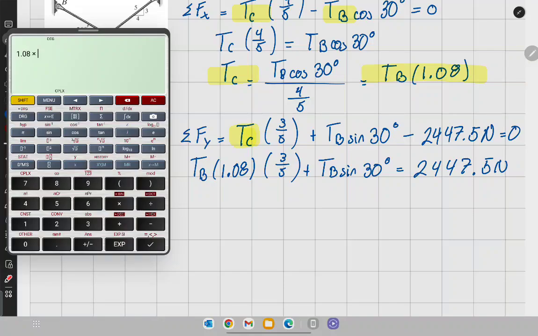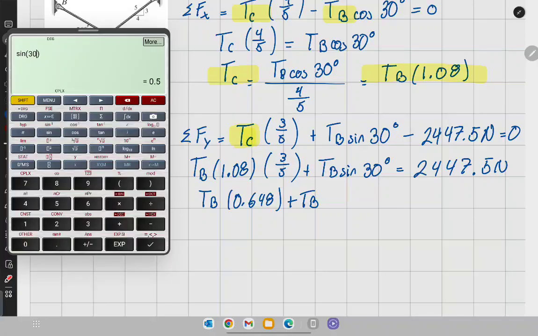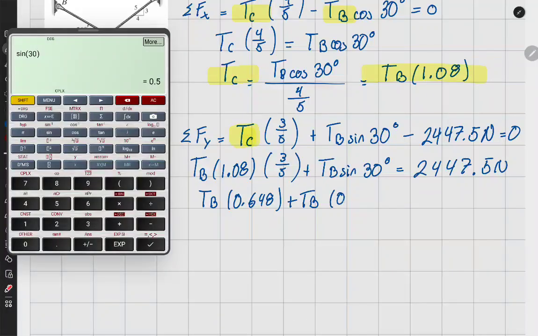So 1.08 times 3/5, this step, is going to be 0.648, and then plus TB sine of 30 degrees, that is 0.5, and that equals 2447.5 newtons.